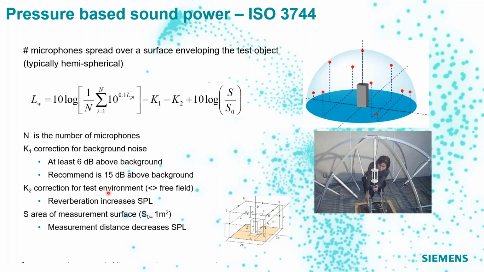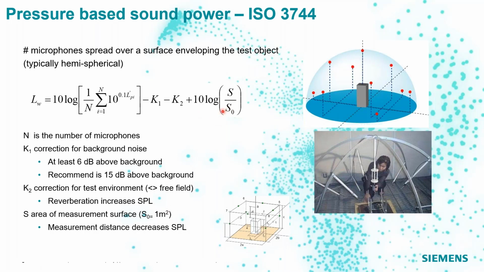We can back that out, and that's the K2. And then finally, that 10 log S over S0 is essentially the calculation for area. So S sub 0 is 1 meter squared. So we plug 1 meter squared in there, and then we calculate our area, and then we take the 10 log of that, and that's the third constant.